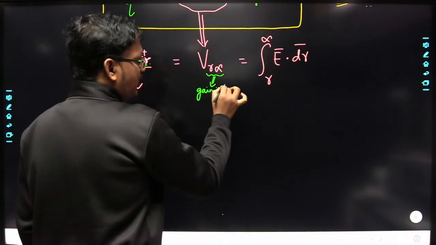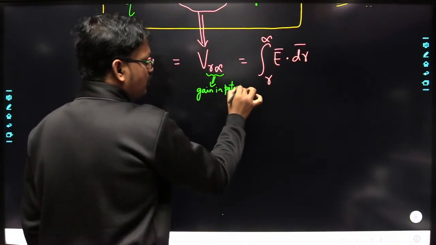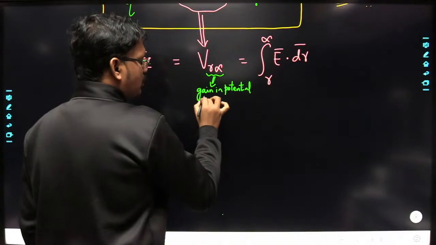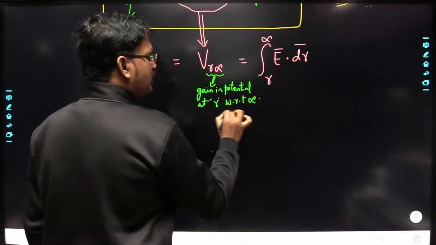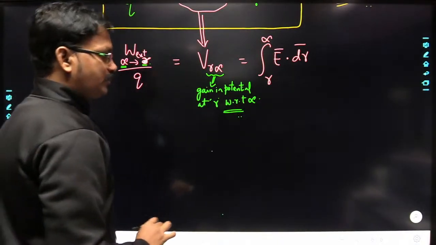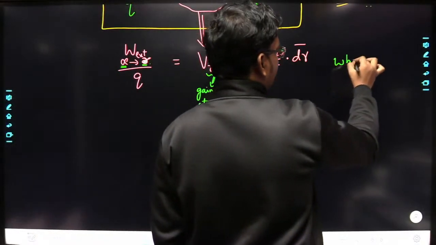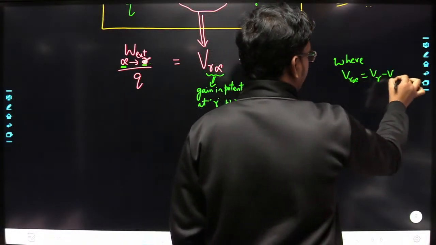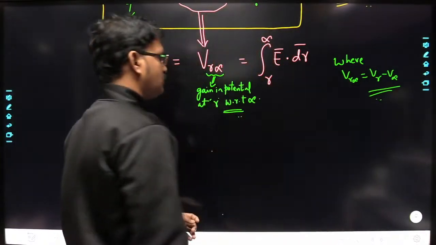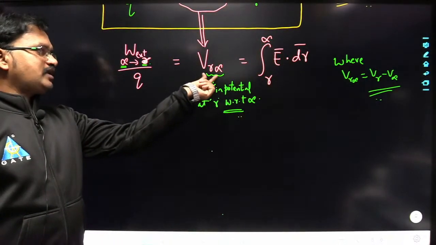So always, whenever you are writing the subscript r infinity, it represents the gain in potential at r with respect to infinity. So in this manner we have to represent it, where V_r∞ is equal to V_r minus V_∞. Always we write the subscript in this manner.